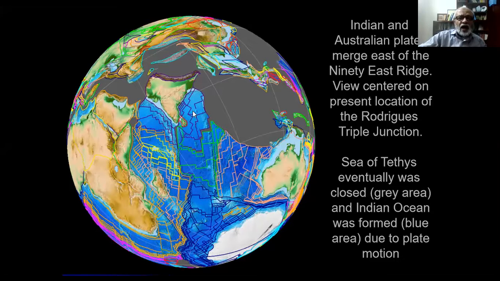Now, the Bay of Bengal has already emerged, and the formation of the Bay of Bengal started sometime around 118 million years ago, at about the same time as the Indian Ocean started to form.